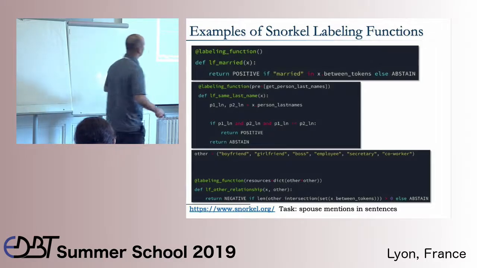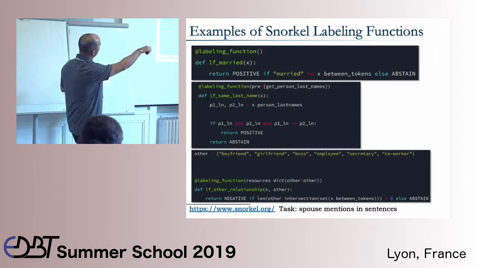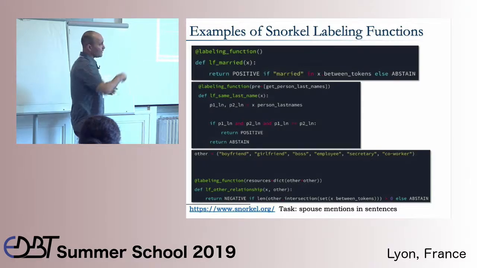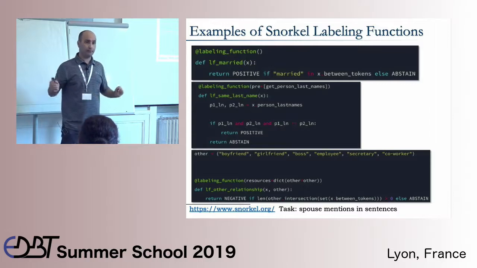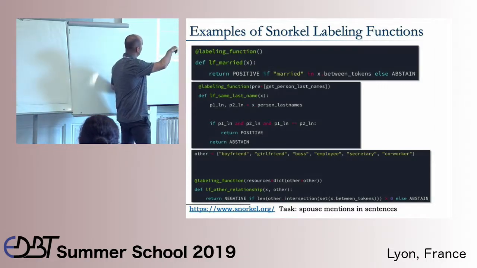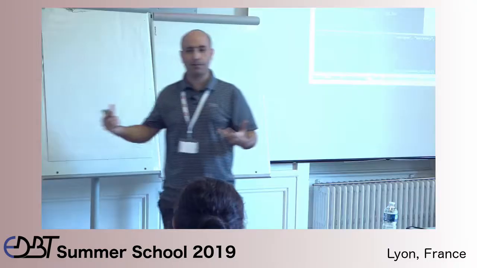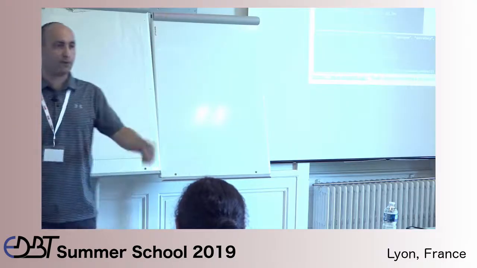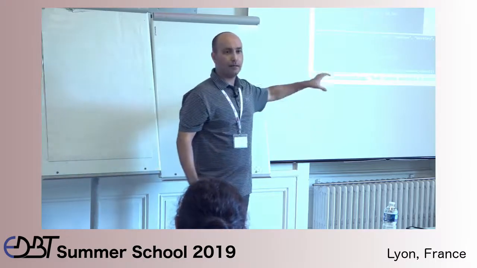And of course, it may have its mistakes. The second rule says, if they have the same last name, string equality on the last name, then they are married. And the third rule says, if there is any word in between that indicates a different type of relationship, like professional or boyfriend and so on, then it's a negative example.